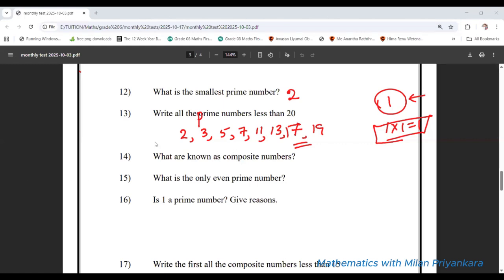Okay, now I think I have already told you the answer for this, right? So what are known as composite numbers?